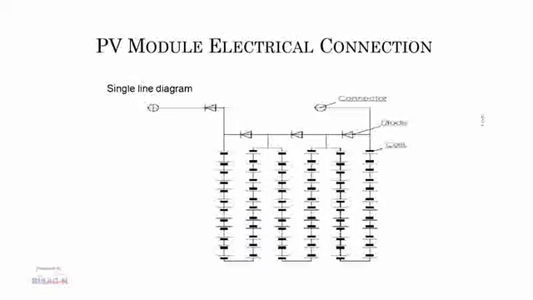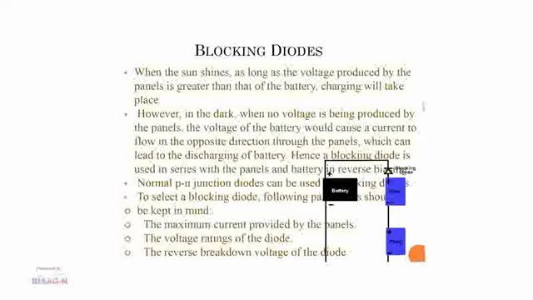PV module electrical connection, single line diagram given below. Blocking diodes. When the sun shines, as long as the voltage produced by the panels is higher than that of the battery, charging will take place.